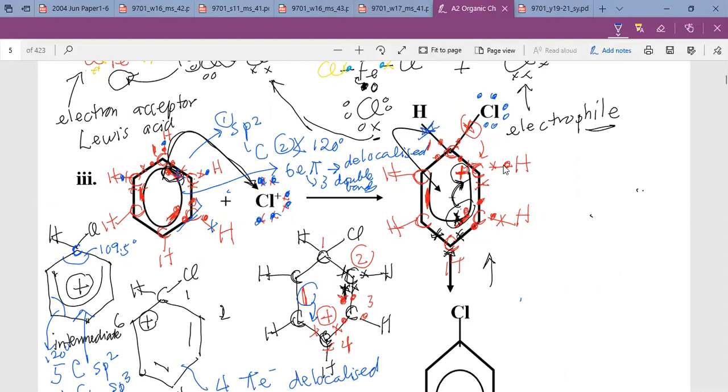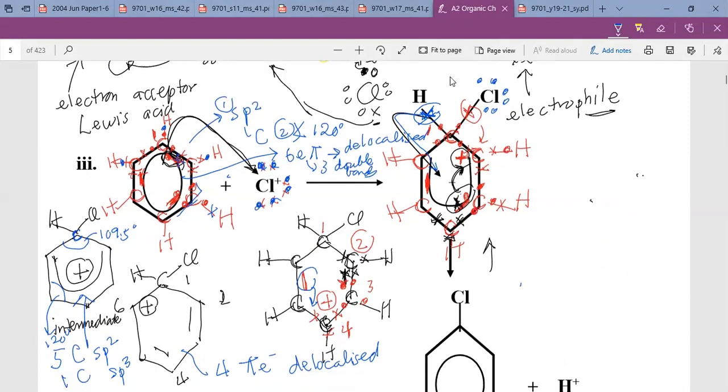What happens is that the electron from hydrogen here moves down. See the arrow moves down. The electrons will neutralize the positive side here to give the ring back. It means it goes from sp3 back to sp2 again. So the H comes out as H plus.